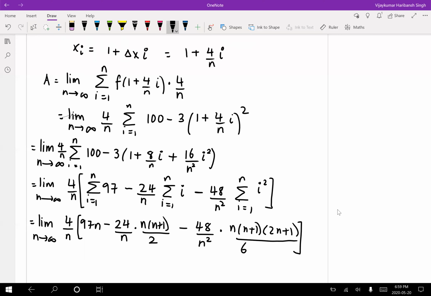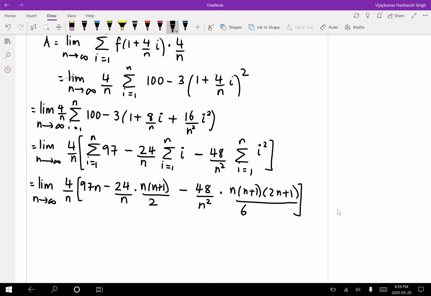Okay, so now we have to take this limit. So let me bring this 4 by n inside. When I bring 4 by n inside, I have to multiply it with every one. So the first one will be 4 times 97, or if you want n, I'll write down n's as well, n divided by n. The next is going to be 24 by 2, and one n will cancel, and we'll have (n plus 1) divided by n.